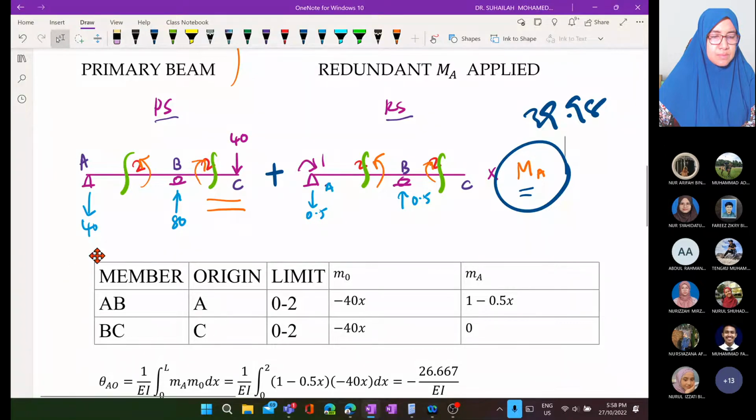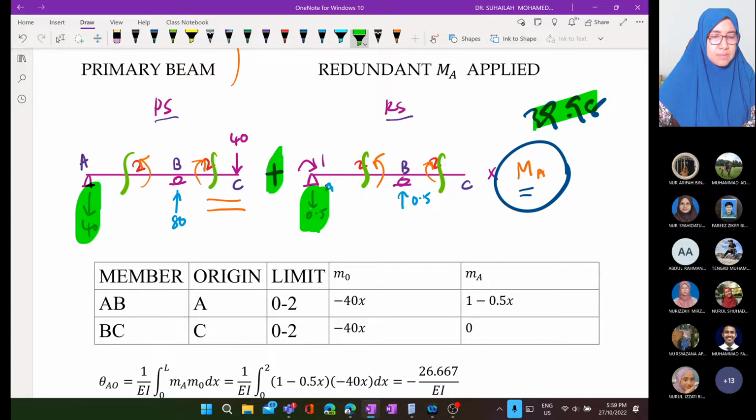Negative 40 plus negative 0.5 times 39.98. Do you get what I mean? We use the principle of superposition: primary beam plus redundant beam equals actual beam.